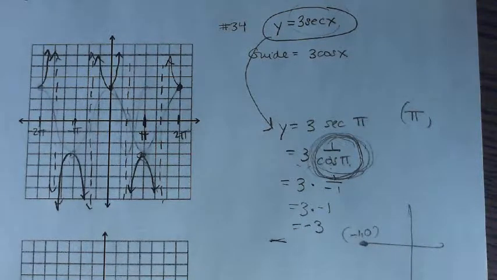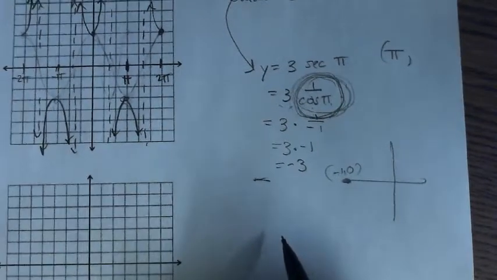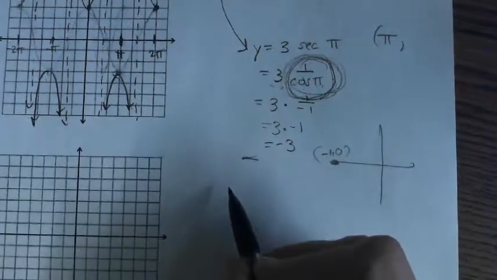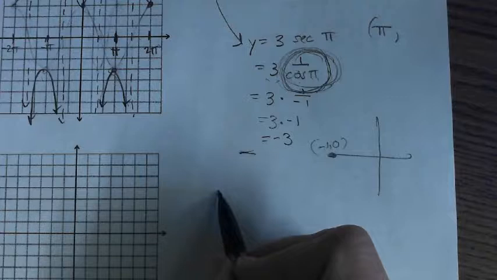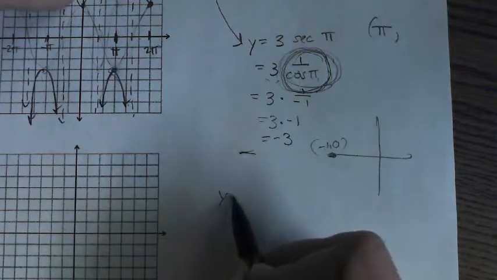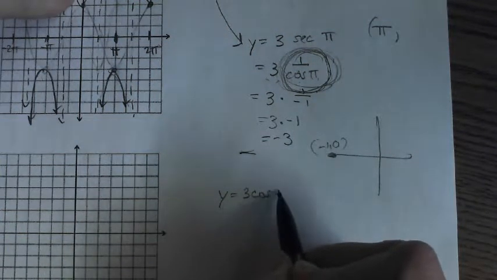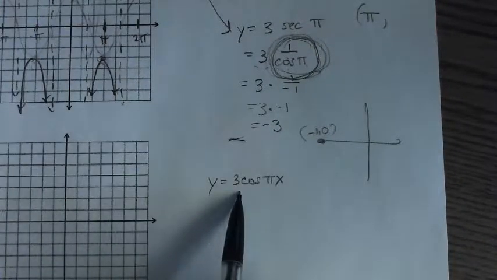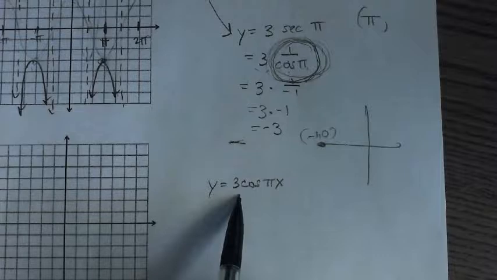Say that. So give me an example. What would I be asked to graph? 3 cosine of pi x. If I were just graphing that, I would just straight up graph that.